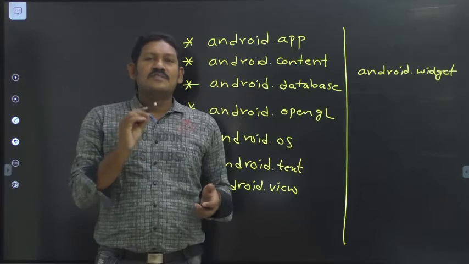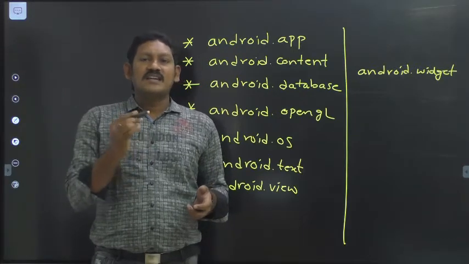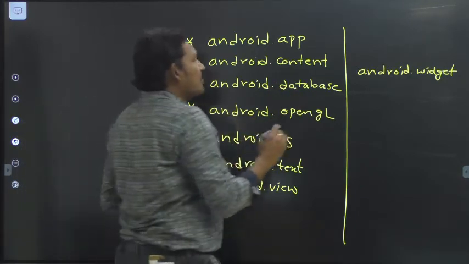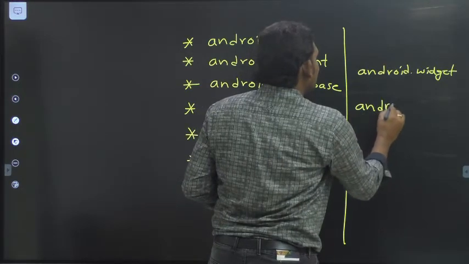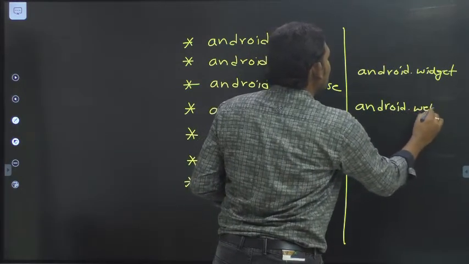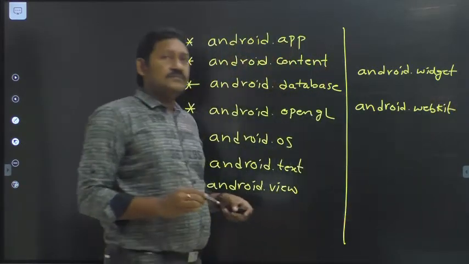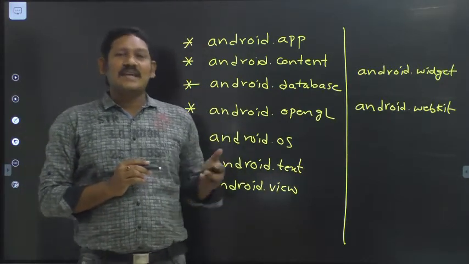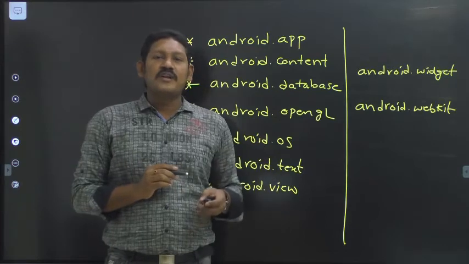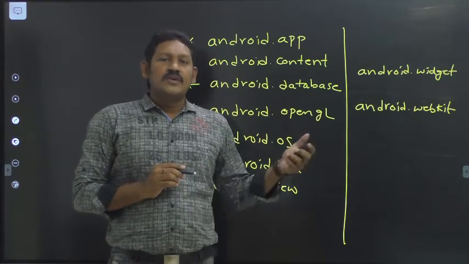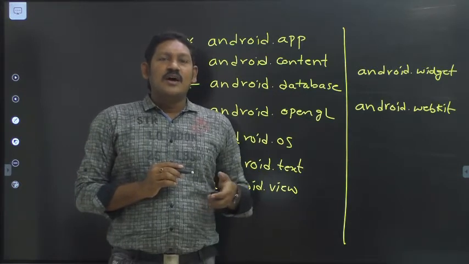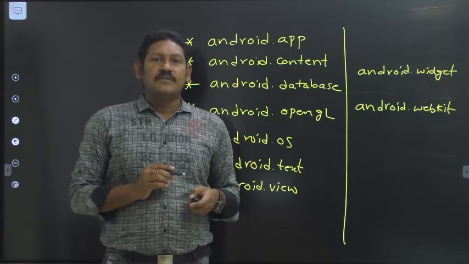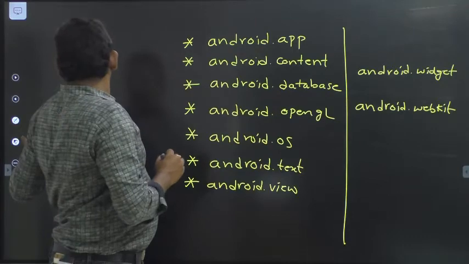The last one is Android.webkit. It is a set of classes intended to allow web browsing capabilities to be built into applications.